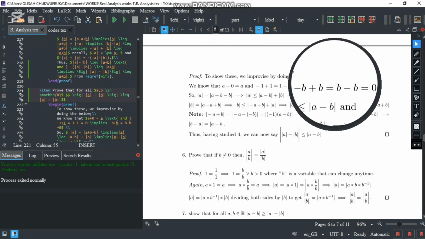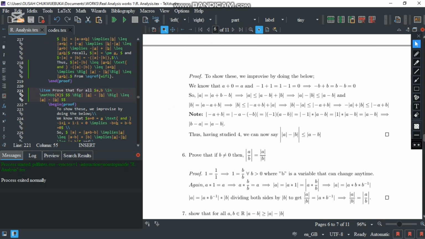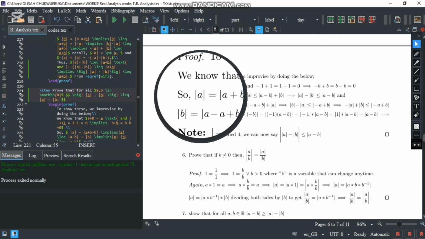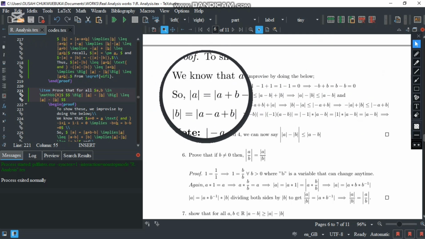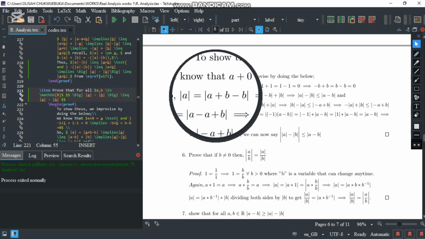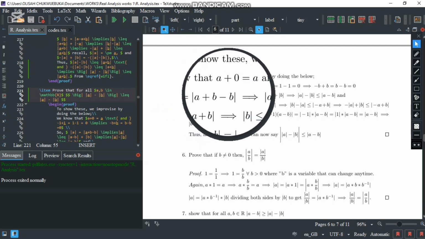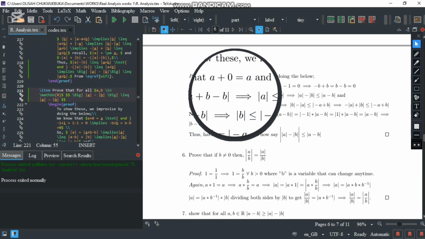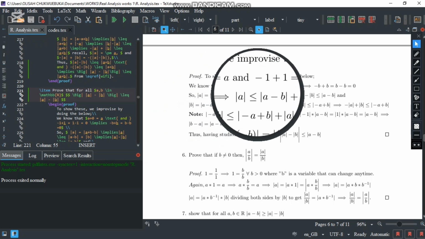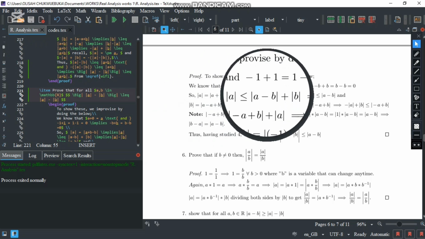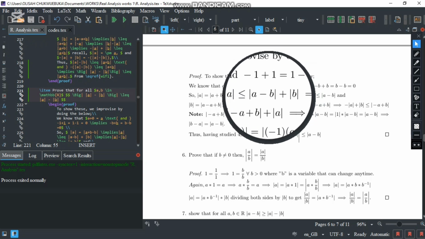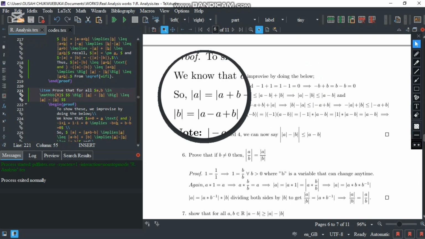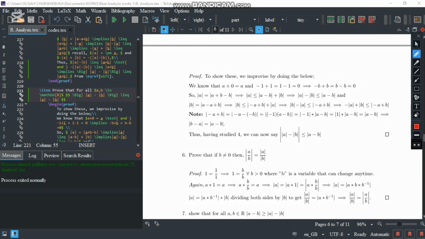So now I'm going to say that the absolute value of a is equal to the absolute value of a plus b minus b, that is a plus 0. So now the absolute value of a here is less than or equal to, according to the triangle inequality, mind you that here we have equal to, but here we have less than or equal to.